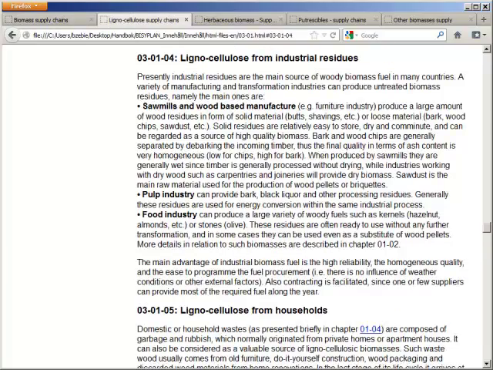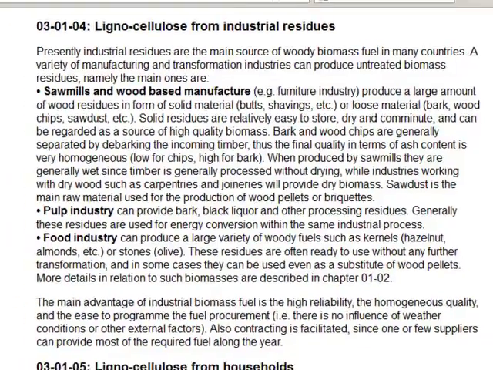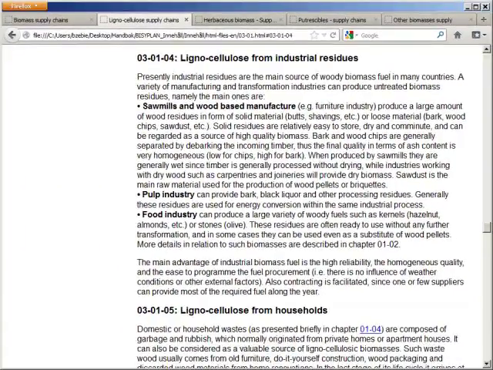The main features of these two products, pellets and briquettes, are that they are mainly produced from sawmill residues, that is sawdust, cutter shavings and the like, so they are basically pure stem wood.